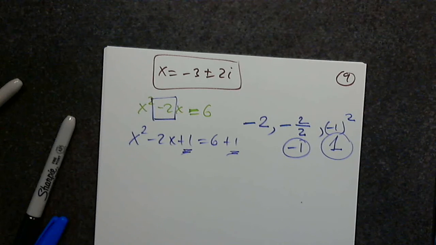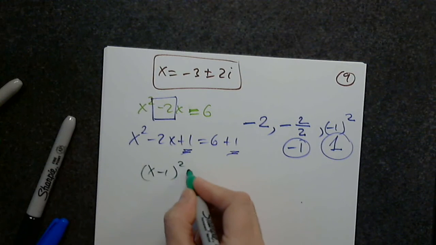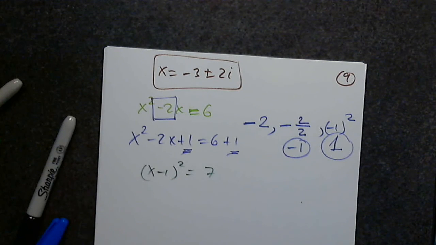But what perfect square is that? Can anyone give us the perfect square on the left-hand side? X minus 1 squared. Very good, awesome. X minus 1, everything squared, and that equals 7.